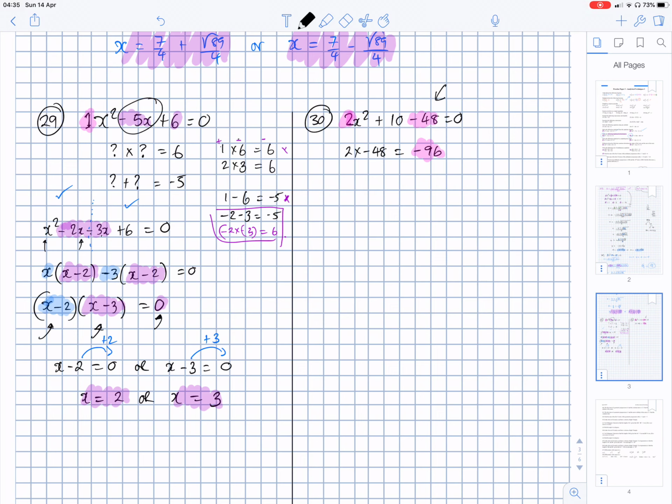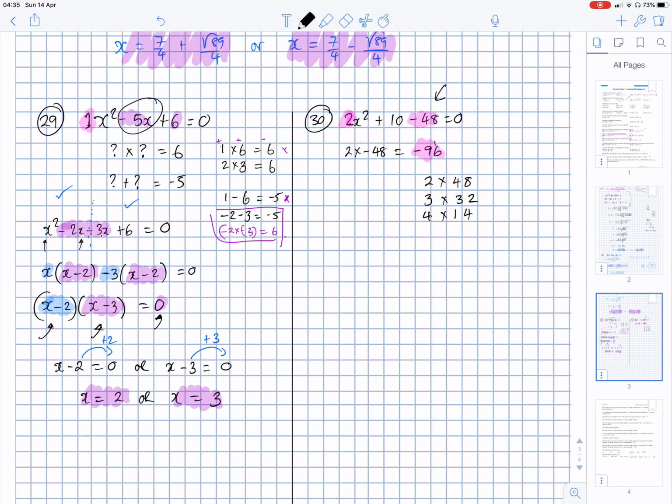Factors of 96: you can do 2 times 48, where one of them is going to be a minus. You can do 3 times 32. You can do 4 times 24.